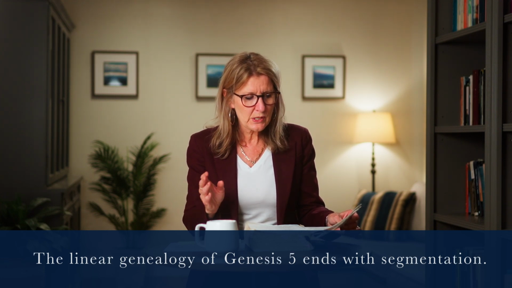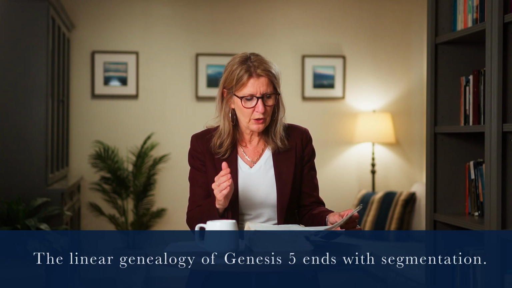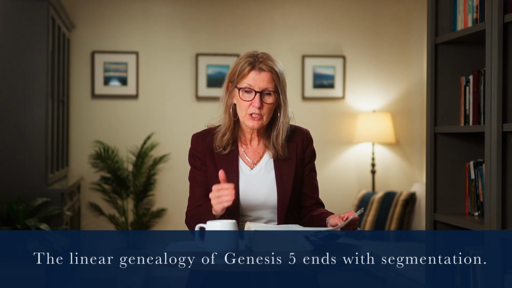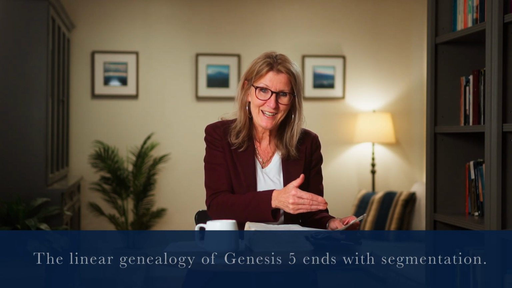It doesn't simply say Noah was 500 years old and he became the father of Shem, and then we get another linear genealogy. No, it says he's the father of Shem, Ham, and Japheth. That is ending with segmentation, and we are yet to find out who the next member of the linear genealogy will be, because it's giving us 3 sons, and that's also a literary device.